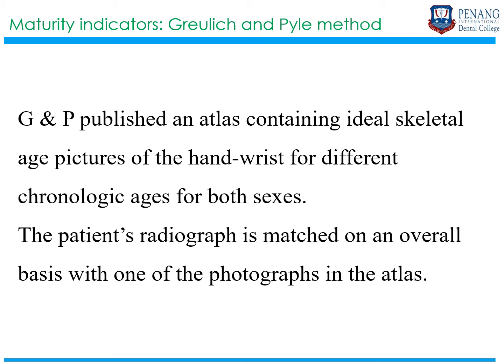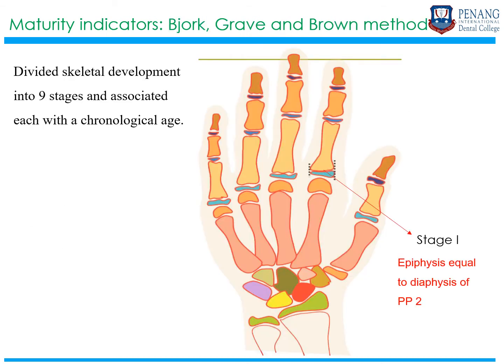It's just that simple. The second method is the Bjork-Grave-Brown method. They divided the skeletal development into 9 stages, which are associated with a particular chronological age. This is a little more complicated than the comparison with the picture approach.